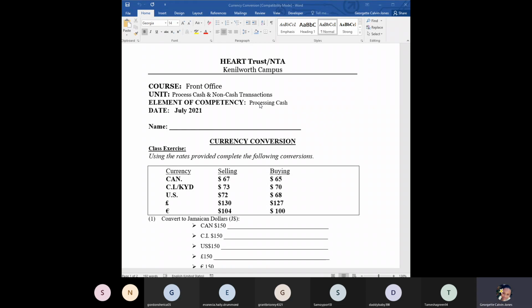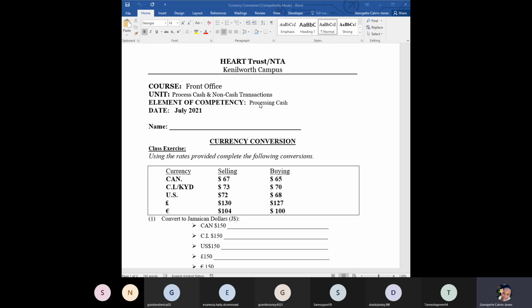Whenever you have in your hand Jamaican currency at the end of the bargain, that means you sell. That's the selling price.